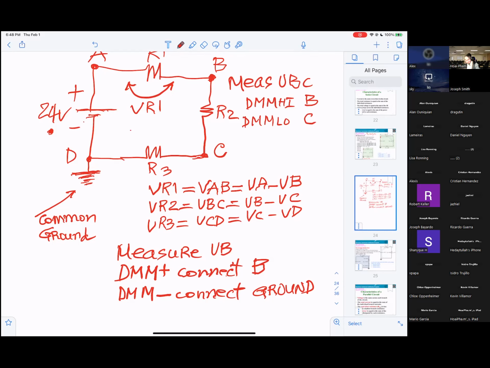That means when they want to measure the voltage VBC, it means here: the high side of the meter connects to this one, the low side connects to this one. However, if they say only a single point, then the other side of the meter must be connected to ground. Okay?